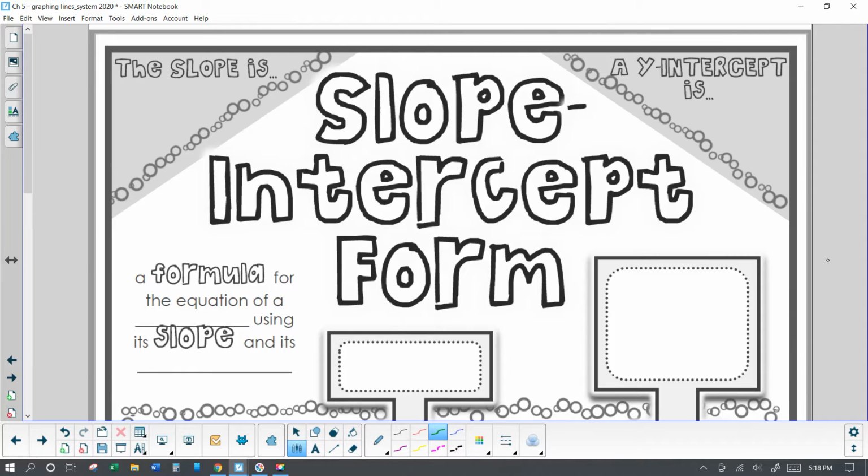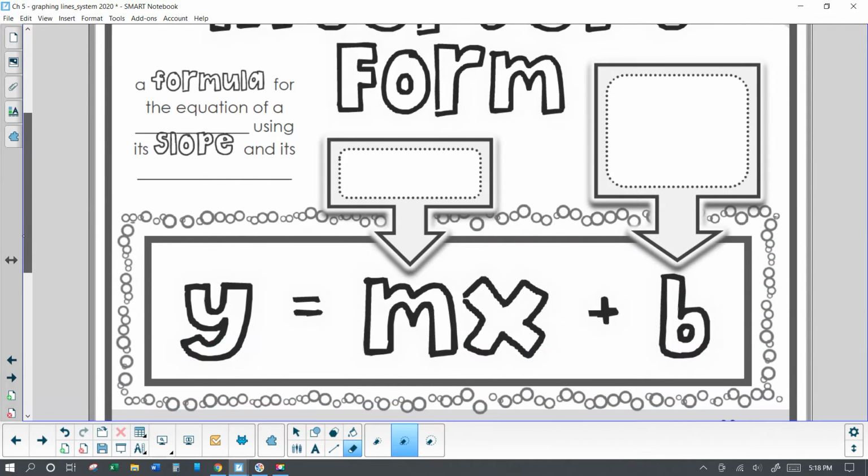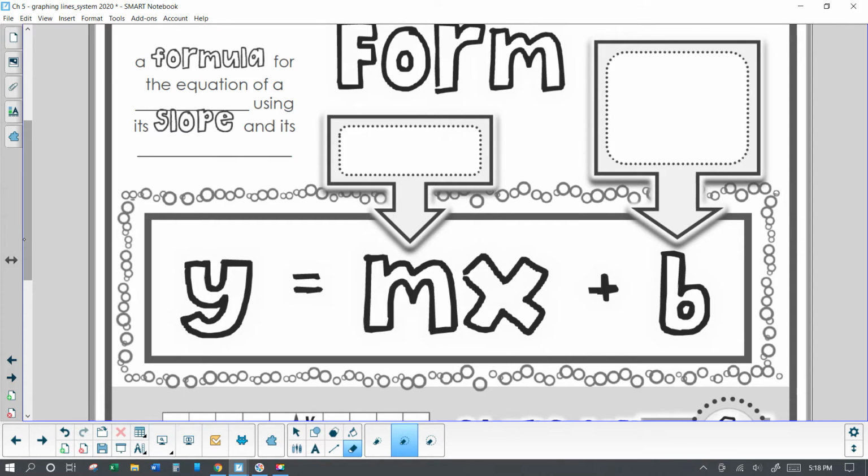We want to remember that the slope is going to be our movement between 2 points, so let's just put the word move. And let's slide down right here and take a look at our equation. y equals mx plus b. m is our slope, right? The b part is our y-intercept.